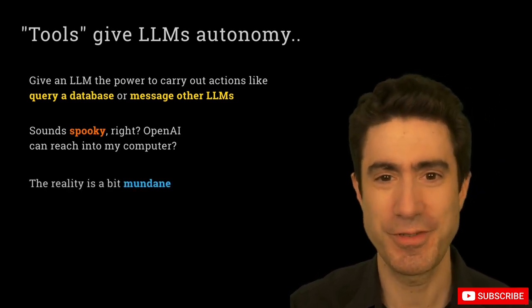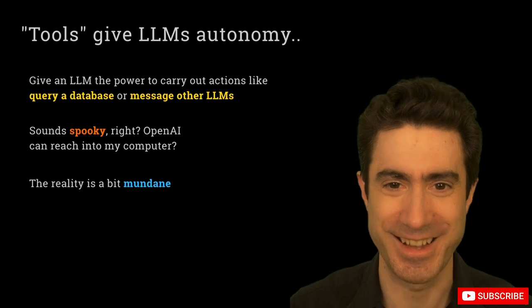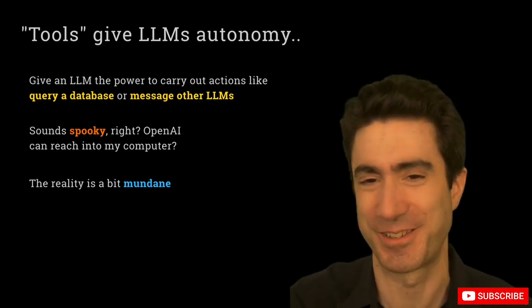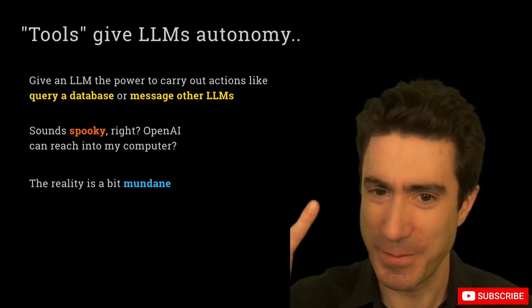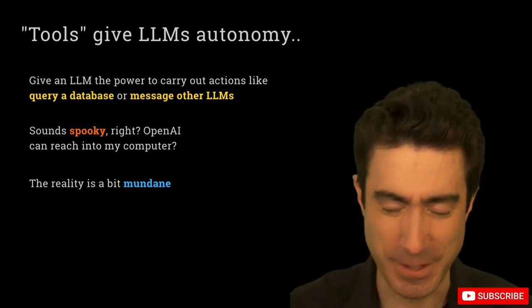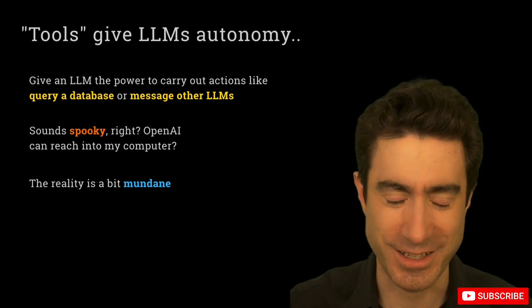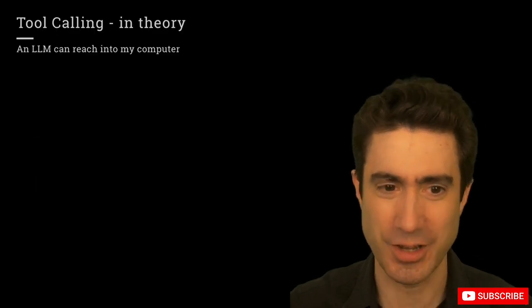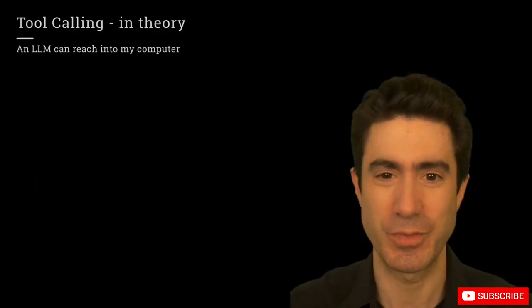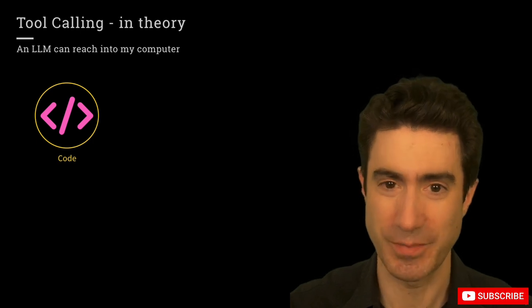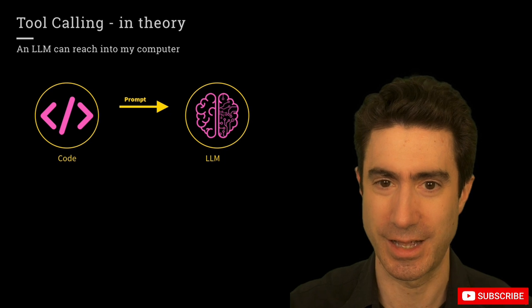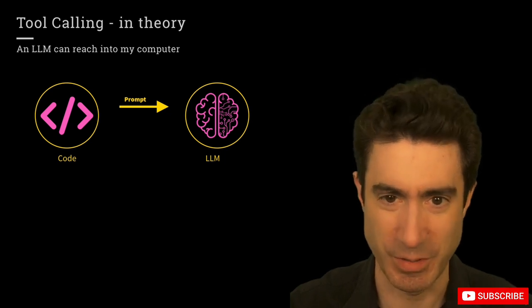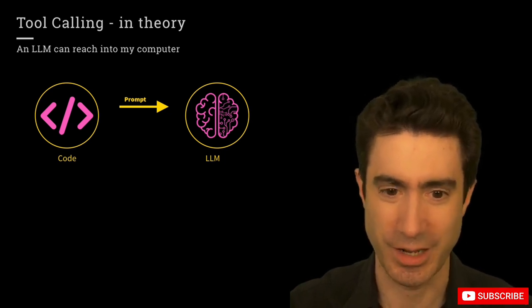Well, the truth is actually rather more mundane, and people that know all about tools know this already. Sadly, it has a sense of being very magical, but the reality is a bit of a conjuring trick, as I will now show you. So, in theory, what's going on with tool calling? We've written some code. Our code is sending a prompt to an LLM, like GPT-4o Mini running on the cloud.